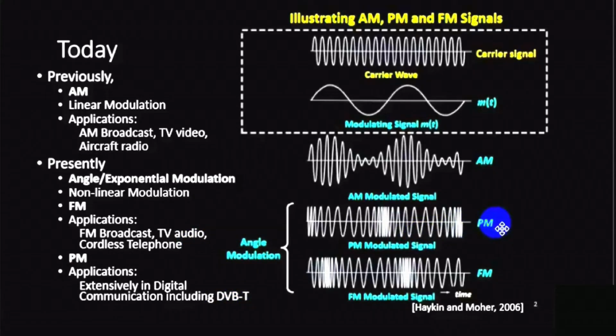Note that FM and PM, that is both of them, are dependent on the message signal. If the signal has a higher amplitude at a particular instant, the instantaneous frequency will be high, and when the magnitude of the message signal is low, then the frequency would be low. So the maximum and the minimum frequency is basically governed by the positive peak and negative peak of the message signal in the frequency modulation.